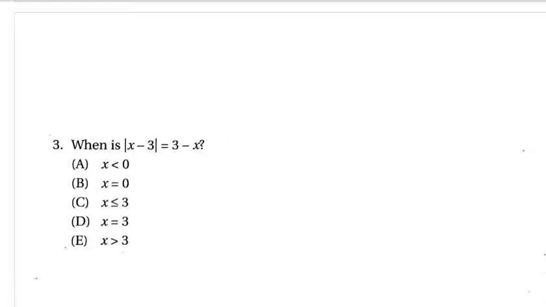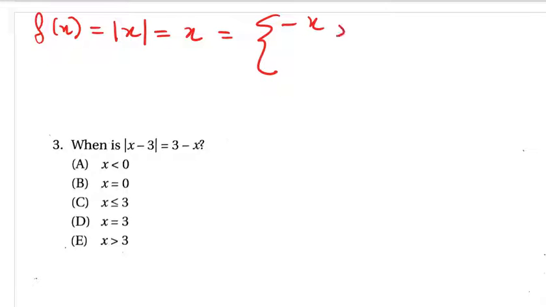Now for this question I need to define a function for you. I hope you know this function f of x, which is equal to mod x, which will be equal to x, and this function is defined as minus x when x is less than 0, 0 when x is equal to 0, and positive x when x is greater than 0.